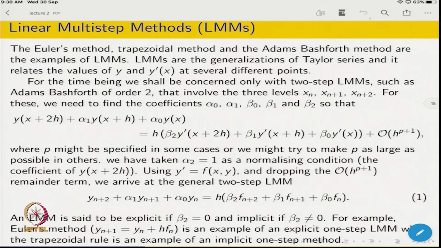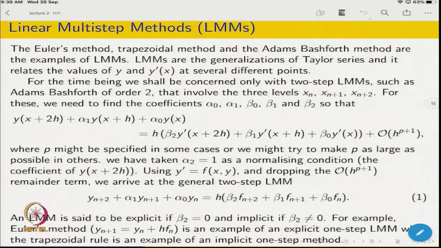So, linear multi-step methods are a generalization of Taylor series. Why is it a generalization of Taylor series? Because when we were looking at the Taylor series methods, the terms involving second order derivatives and higher order derivatives were kept as such, while in the other cases which we have seen so far, the terms involved only y and the value of its derivative.